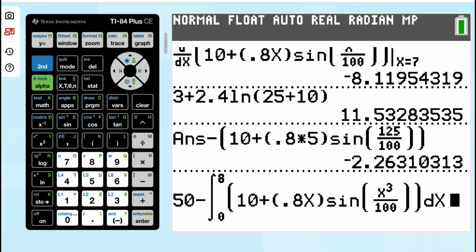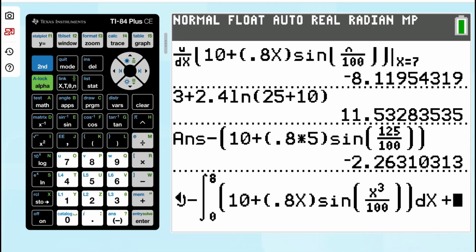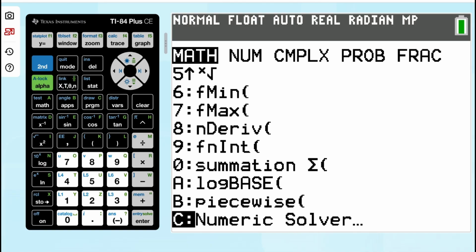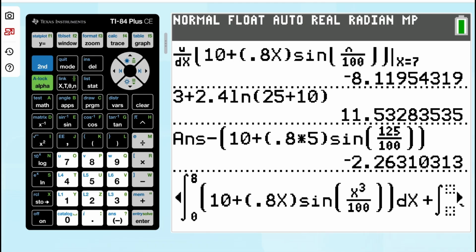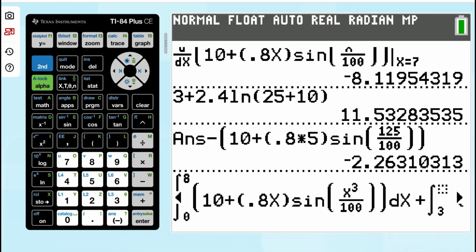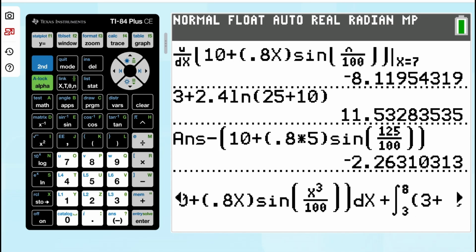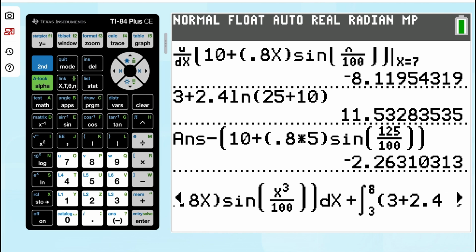And then we needed to add to that the integral, so math. And we'll go down again to option number 9. And it's now an integral from 3 to 8 of our other function, which was 3 plus 2.5 times the natural log of x squared plus 2x.